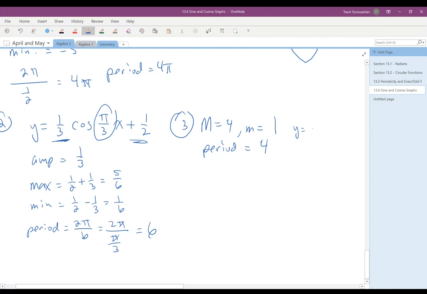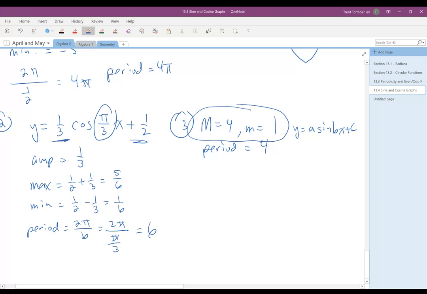Your equation will be written as a sine of bx plus c. And so these are all going to be sine. You could do this with cosine as well, but we're just going to do it with sine. So you want a maximum of 4 and a minimum of 1, and then a period of 4. Well, these tell you two things.